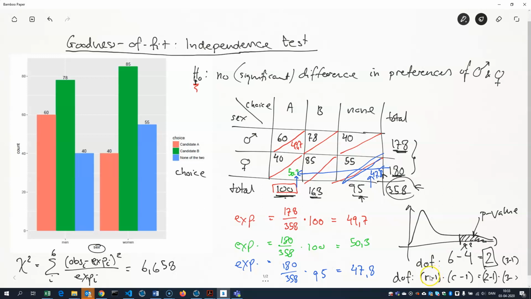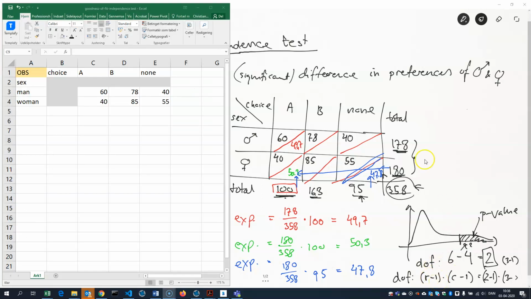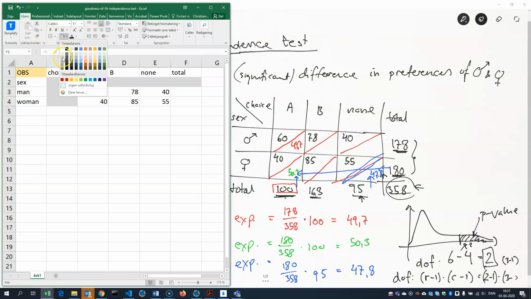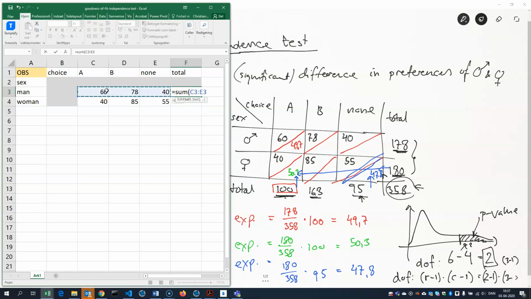So let's try to do this in Excel. So here we have the table of data corresponding to what we have here. And I'll start by computing the totals. I'll just make this shaded so that we know that no number is going to be there. Here we have the sum of those 3.